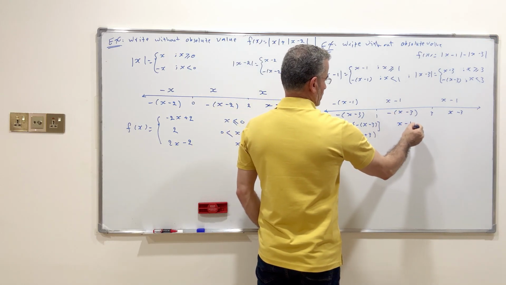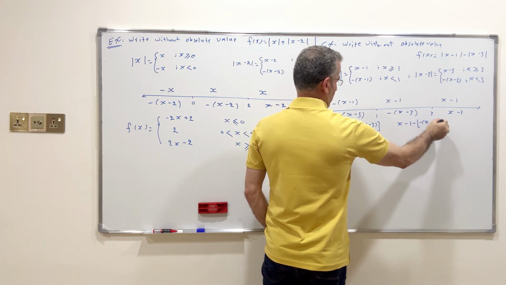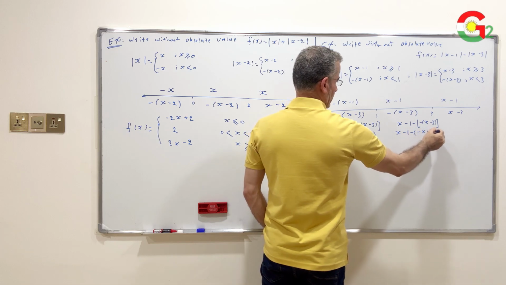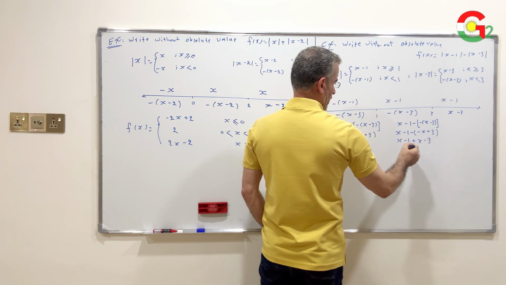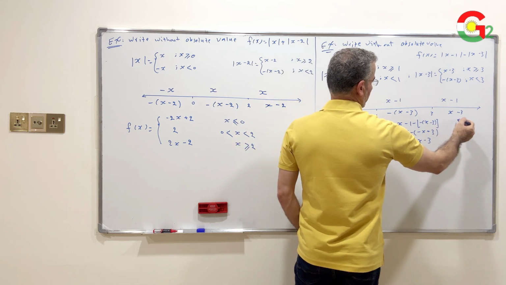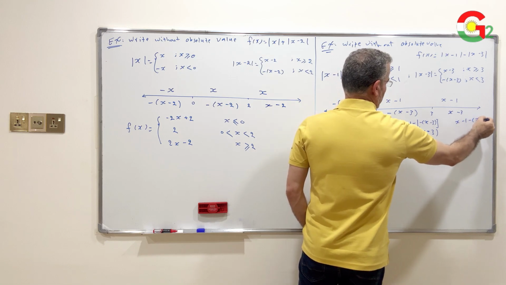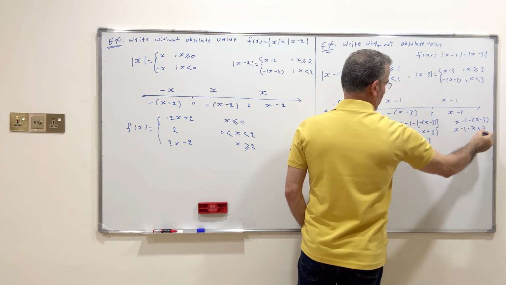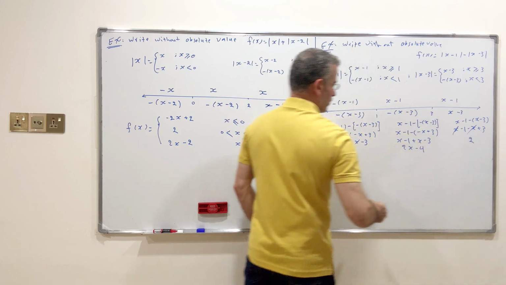For the second one: x minus 1 minus negative bracket x minus 3, which is x minus 1 plus x minus 3, which is 2x minus 4. For the third one: x minus 1 minus bracket x minus 3, which is x minus 1 minus x plus 3, which is 2.